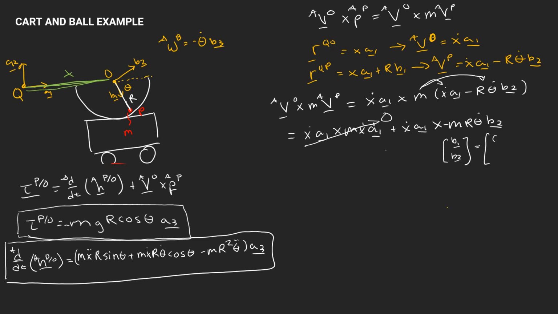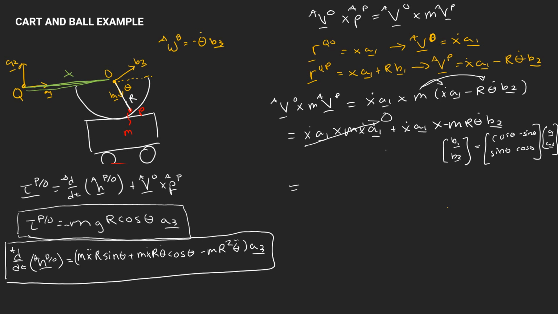We have cosine theta, negative sine theta, sine theta, cosine theta, and that's a1, a2. And again, this is because we have a negative angle. So we can now write out this expression for b2 and plug that in here.